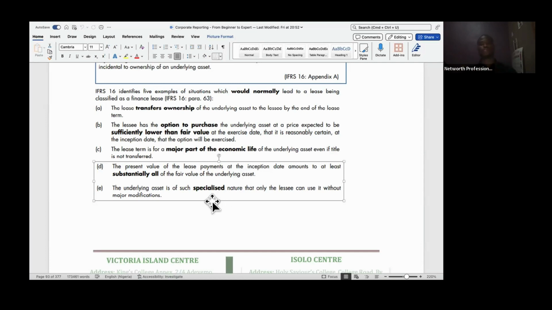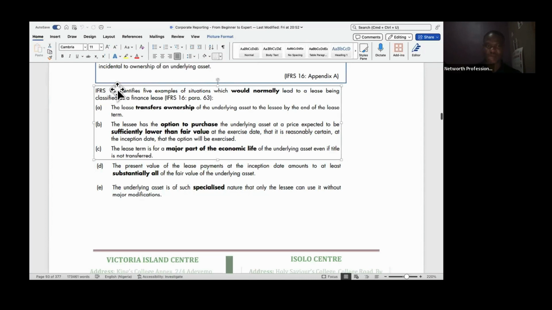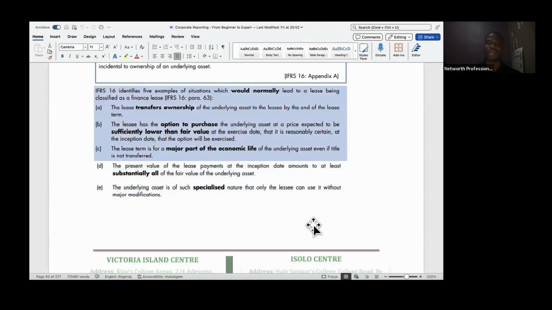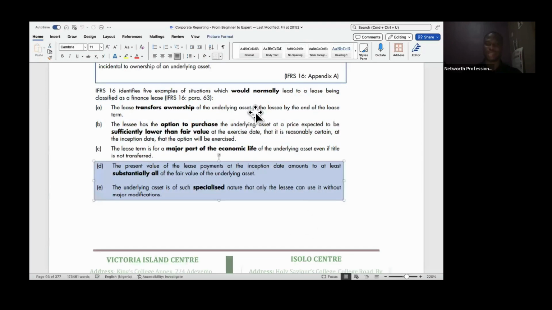And finally, the underlying asset is of specialized nature that only the lessee can use it without major modification. My dear students, for your exam, you have to know these 5 points. For a finance lease, these are indicators that show that risk and reward has been transferred, right?